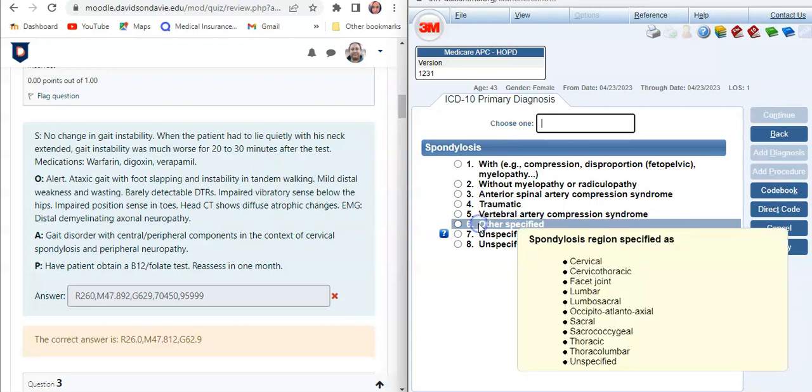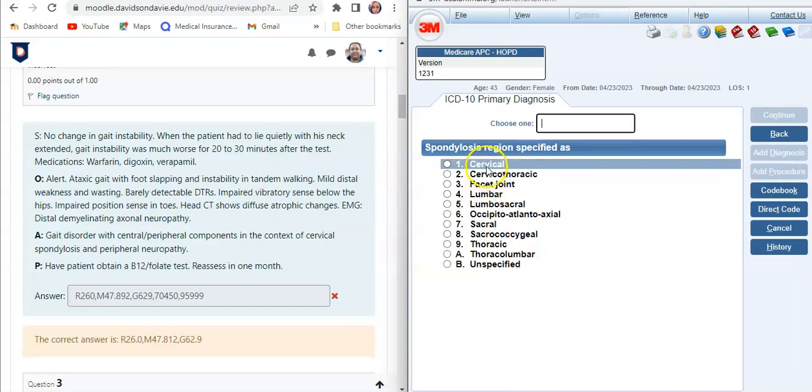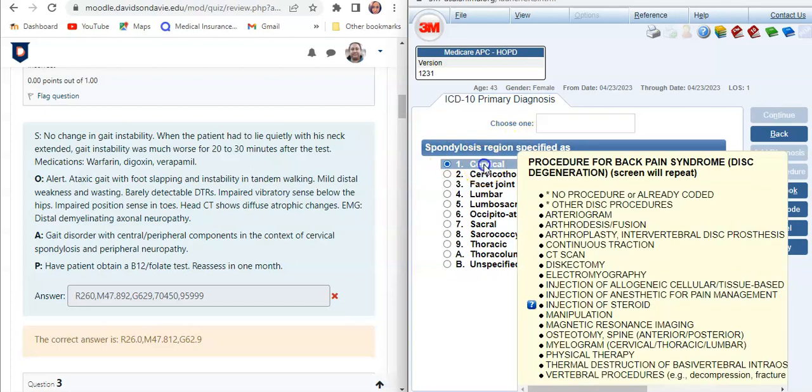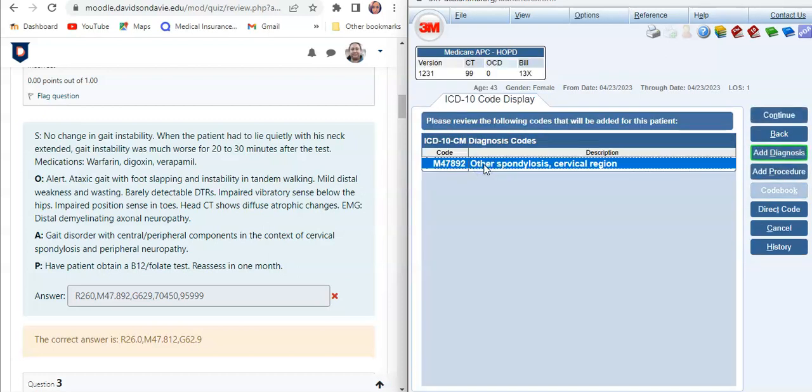Let's see, I think I chose other. And then it says the region that's specified, it's cervical. There were no procedures done. So that is why I came up with the M47.892, which is wrong.